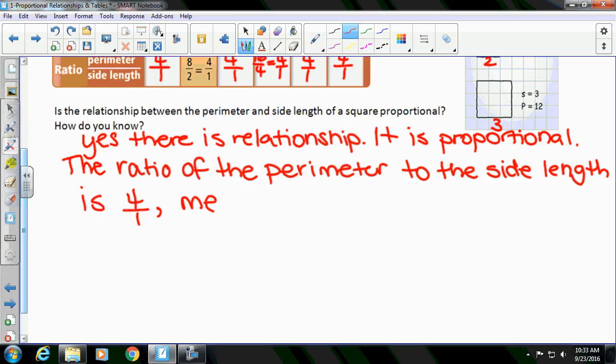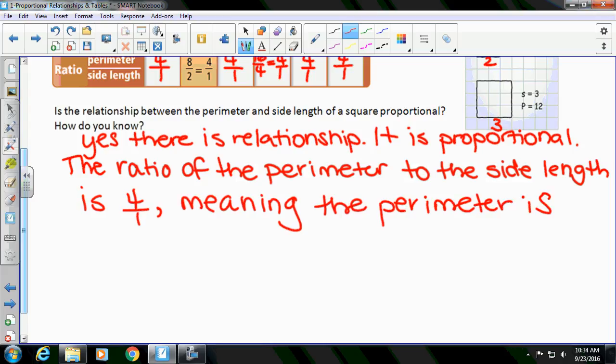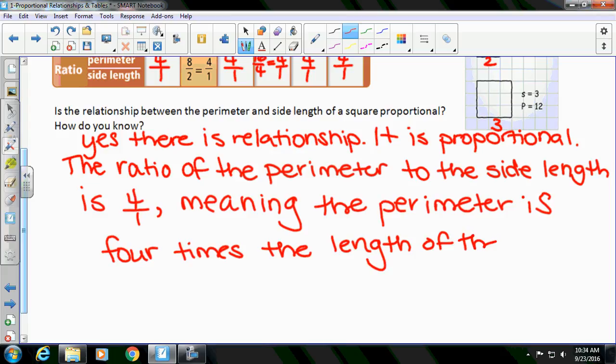Meaning, the perimeter is 4 times the length of the side of the square.